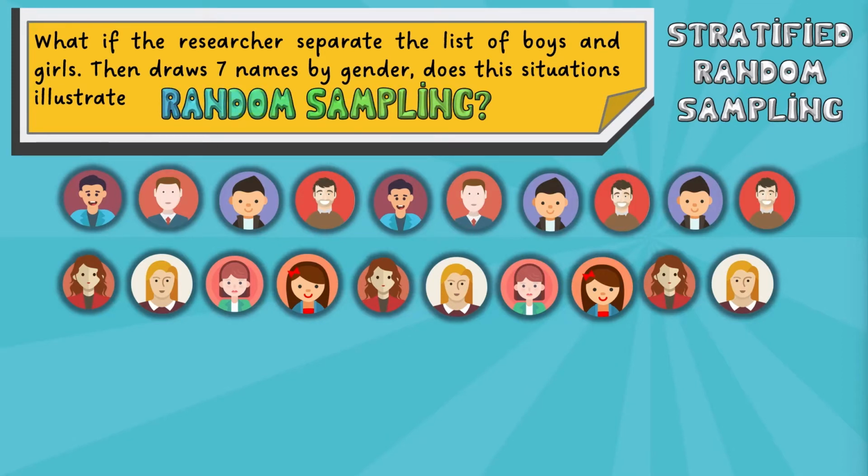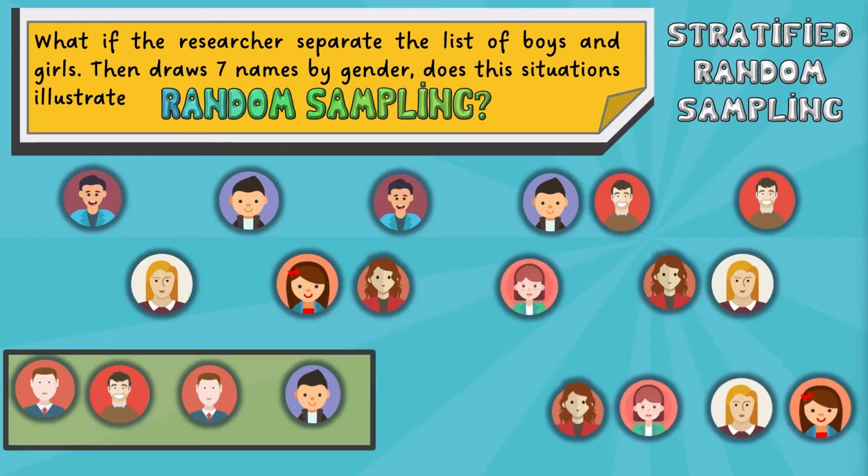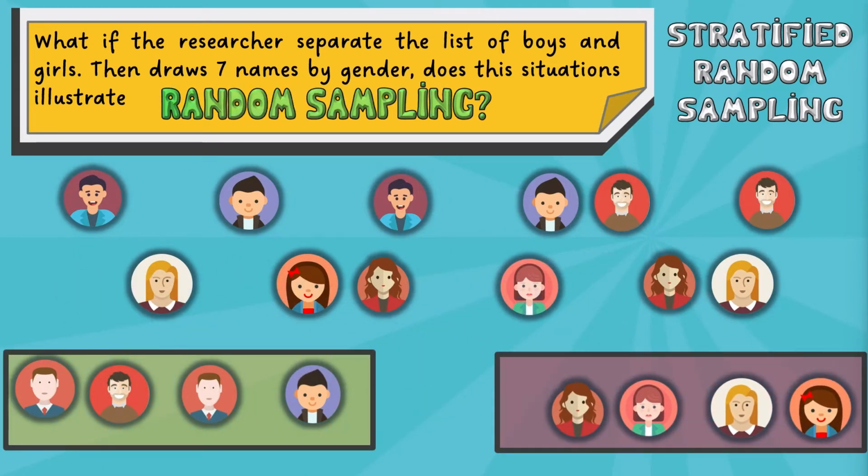For this instance, I'm going to select 4 boys and 4 girls. So these boys will be part of the sample and these girls will be part of the sample. But the question, class, is, how are you going to choose those 4 boys and 4 girls?